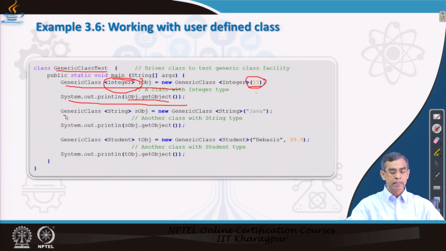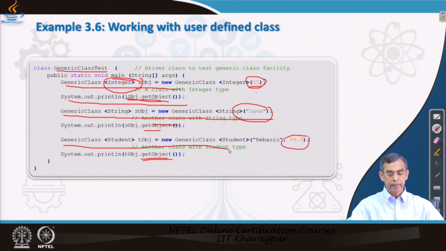Now, again it also works for the string type of data. This is the initialized value, the float value, and it prints. So, this program works for integer, this for string, this for print, and in place of it, if we declare here, for example, generic class student, as you see student is a type we have discussed already, this is an object of that we created as a generic, and then here we initialize passing the two values because it needs a string name and then marks as a floating point.